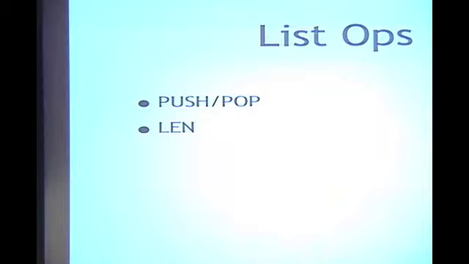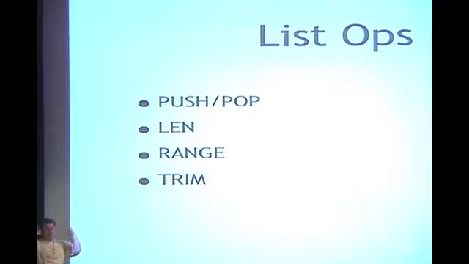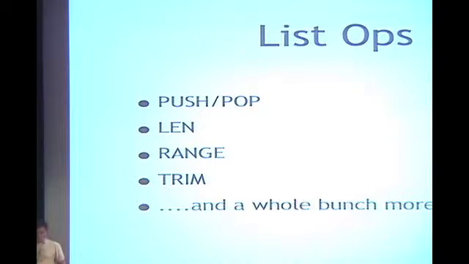You can obviously get the length of a list and a range. Range lets you do Ruby or Python style slicing on the list, so you can pull a range of values out of the middle of a list. And trim lets you drop everything off except the range, so it modifies the value that's stored in the data store. And a whole bunch more there as well.